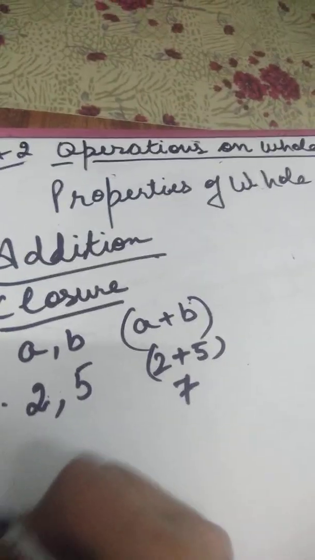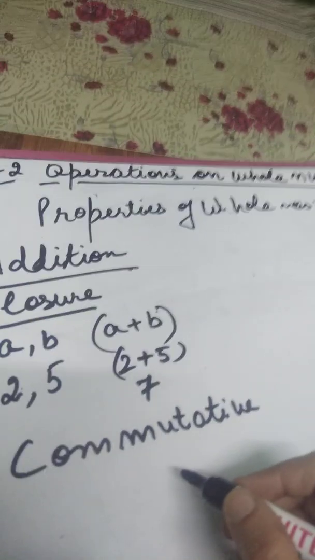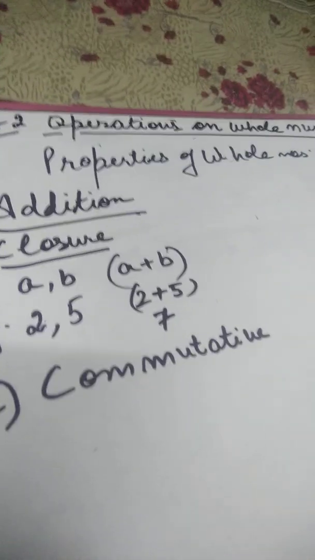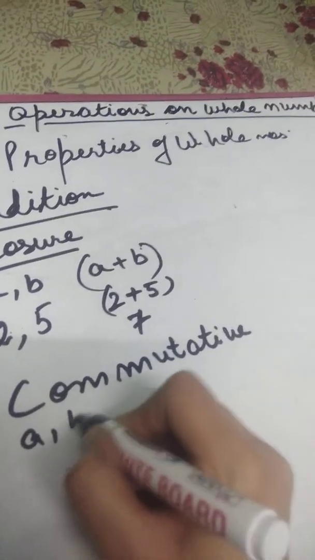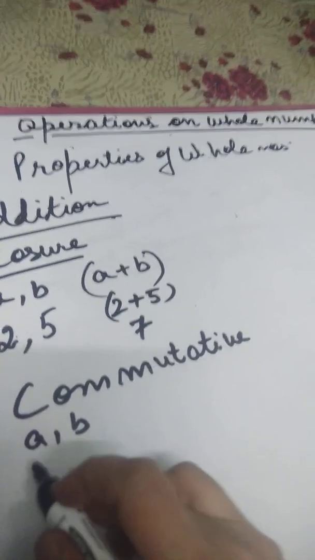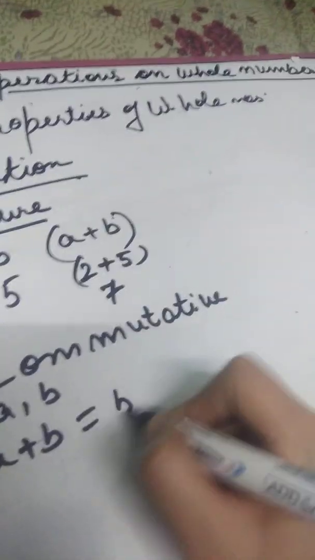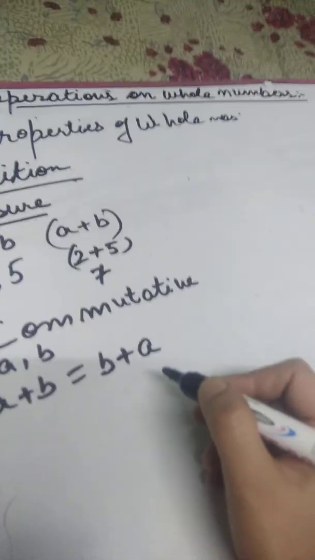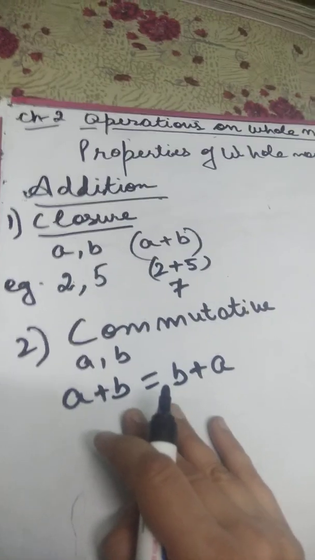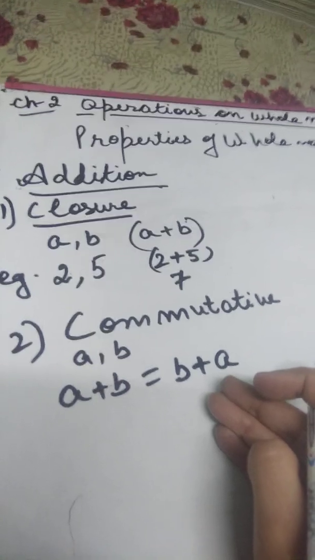Next we have the commutative law. The commutative law of addition says the addition of whole numbers is commutative. If A and B are any two whole numbers, when we say A and B, this means any number, then A plus B is B plus A. This is just like what we have done in the junior classes: when the order of the digits in addition is changed, the sum remains the same.